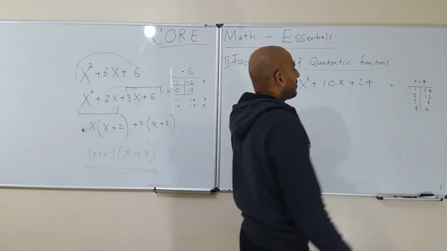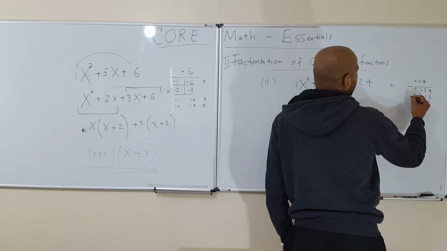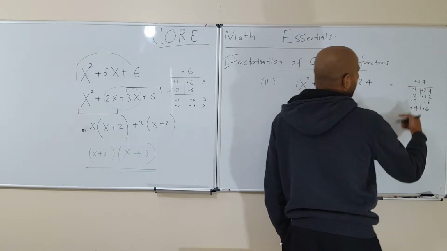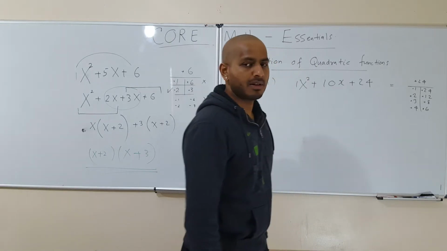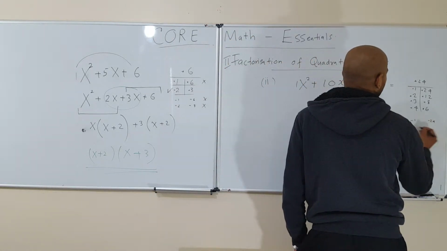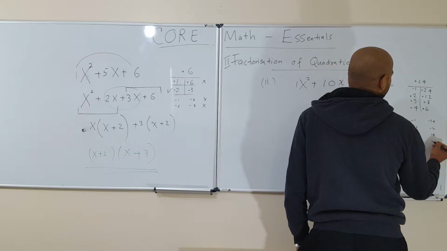Also, plus 24 can be made using minus values too, isn't it? Minus 1 times minus 24, minus 2 times minus 12, minus 3 times minus 8, minus 4 times minus 6.